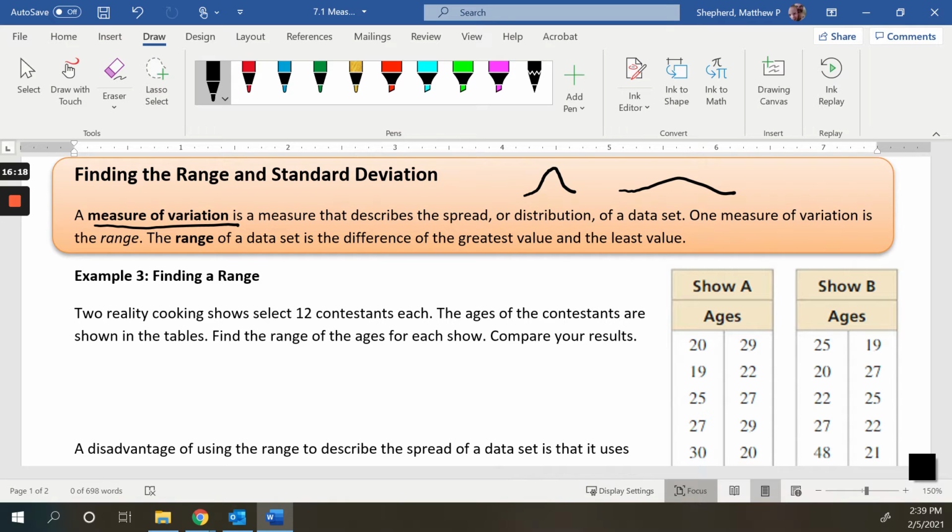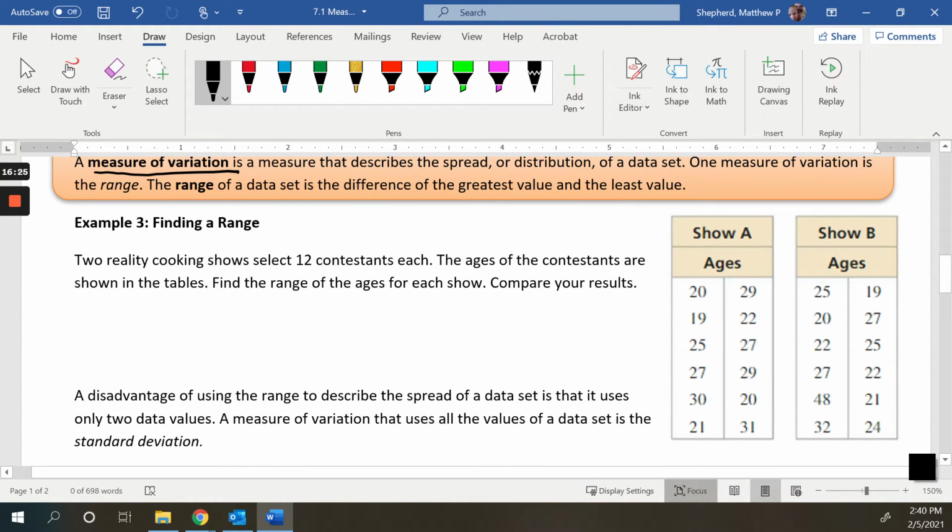One of them is range, and the other is standard deviation. Now, the range is just the difference, meaning subtraction, of the greatest value from the least value. That's all you have to do to find range. It's going to tell us how wide the entire set of data is.